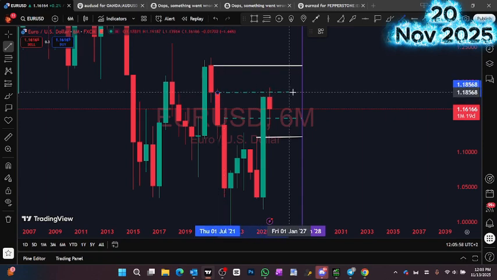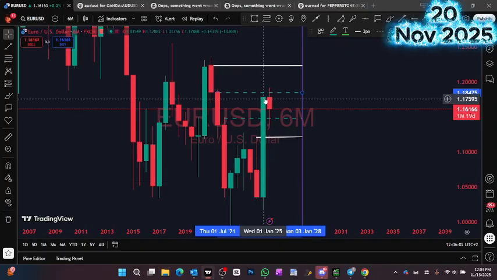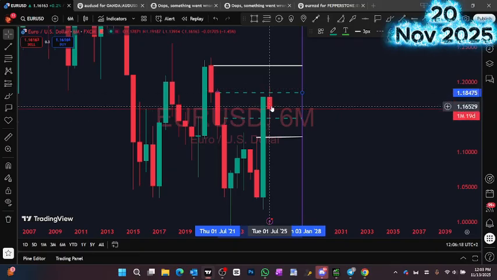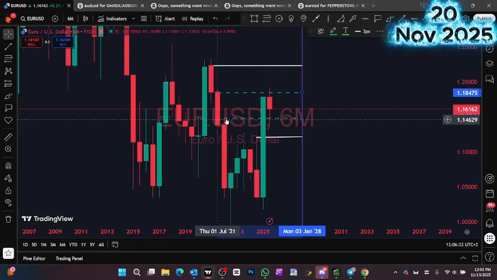We started here, so it went up and closed before it touched the resistance. Yeah, I'll call it the resistance. It opened, went up, touched the resistance, and then came down. Now it's trying to bounce on this support.